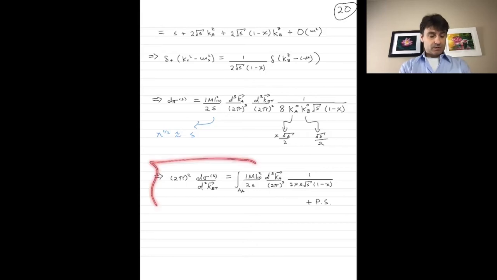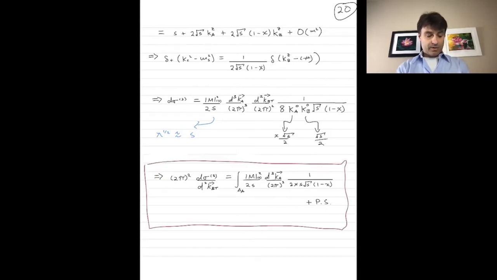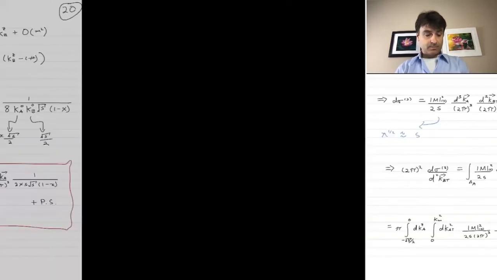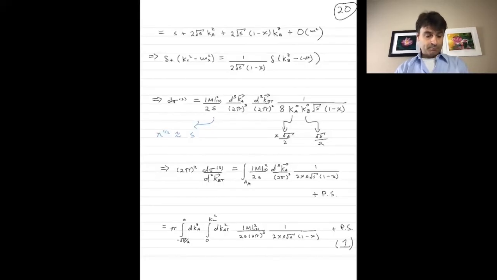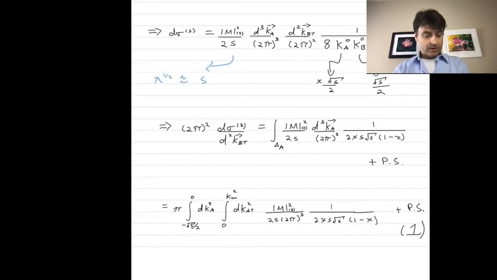Okay, so this is a good expression to have. Maybe put a box around it. Now all I have to do is do the calculation of that squared modulus amplitude. And just to be more specific, we need to integrate k_a_z, which normally would go from minus infinity to plus infinity, but we need to restrict it to basically 0 to 1.